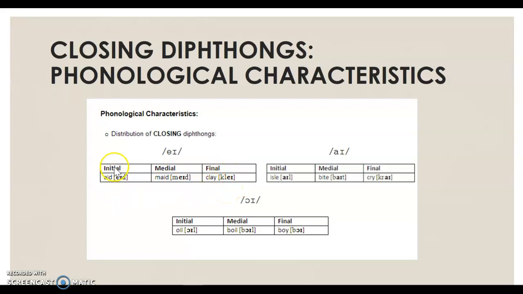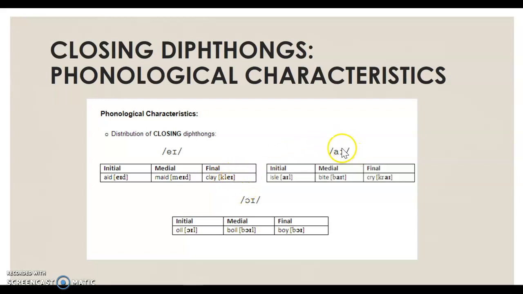Again, remember that we say that it is initial position because there's no consonant sound before the diphthong. Medial because we have a consonant sound before the diphthong and a consonant sound after the diphthong. And we say that this is in final position because there's no consonant sound after the diphthong.